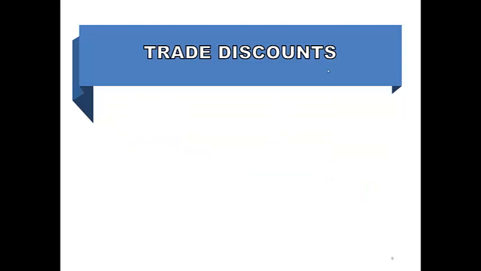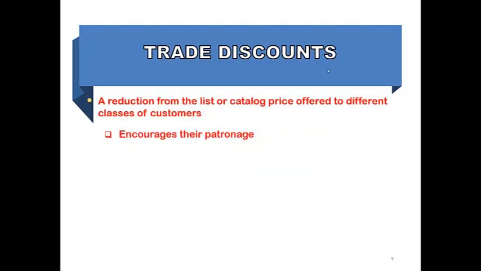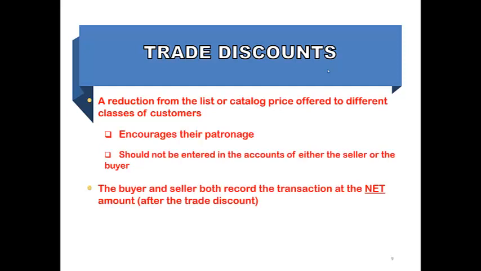Now, a second type of discount is the trade discount, and it is much different from the cash discount. It's a reduction from the list or the catalog price offered to different classes of customers.